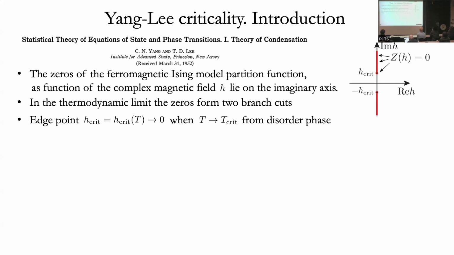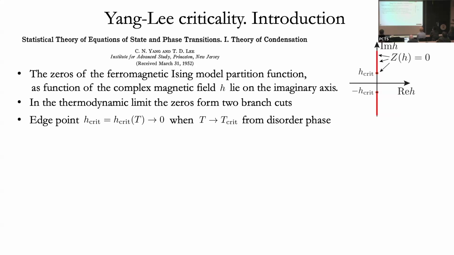And first of all, I will mention that this is a picture in a paramagnetic phase, or in the disordered phase. So it's where temperature T is bigger than the critical temperature. And the idea of this paper was that if you cool your system, if you reduce your temperature, these branch cuts will become closer and closer to the real axis.